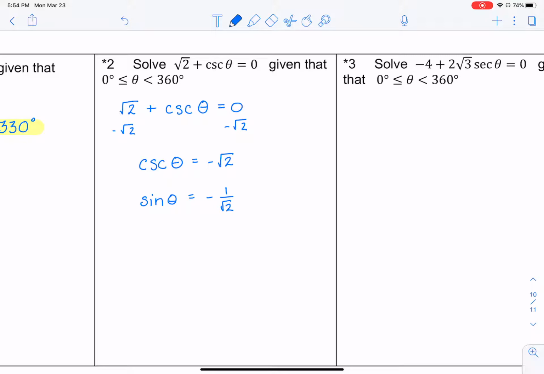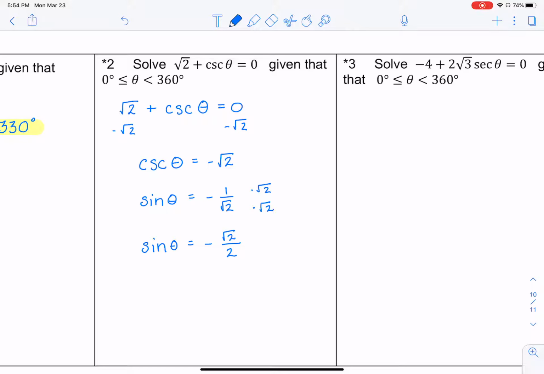And then by using the method of rationalizing your denominator, we know that that is the equivalent of saying sine theta equals -√2/2. Once again, I'm going to go back to my trig circle and identify when the sine value is equal to -√2/2.